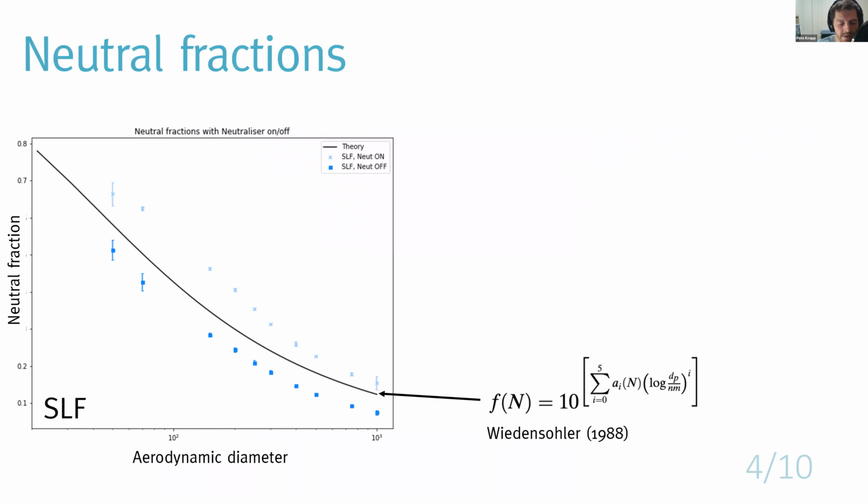The neutral fraction theoretically is this dark line, and I measured this synthetic lung fluid. This is a mixture of salts and proteins. Interestingly, you can see when the neutralizer is turned off, in other words, the neutral fraction that you get just from the generator is lower than the predicted value, and you get higher neutral fraction when the neutralizer is turned on.